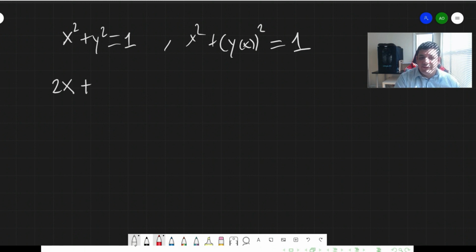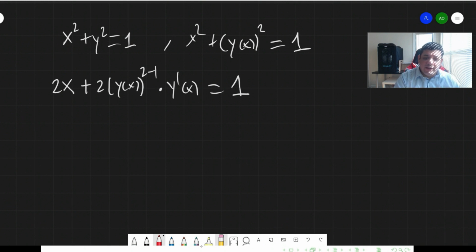So this is considered a function, so this is like a chain rule situation. So we can do 2y of x to the power 2 minus 1, times the derivative of the function inside, which is going to be y prime of x, or I can write dy dx depending on your taste. And sorry, here the derivative of 1 is 0.